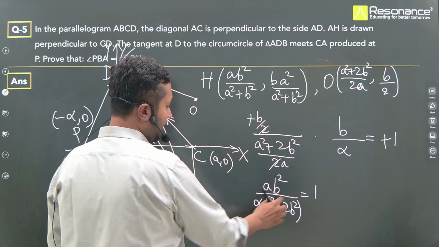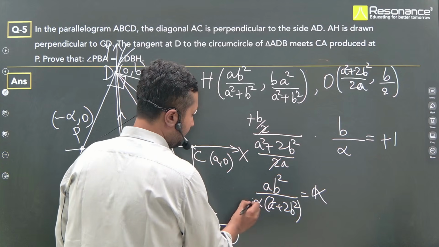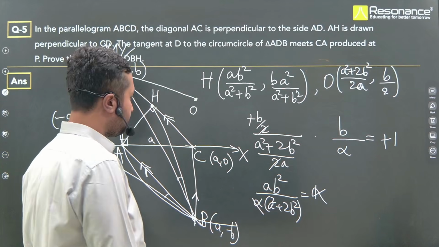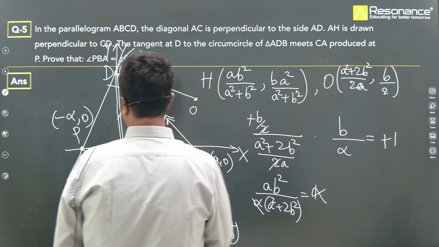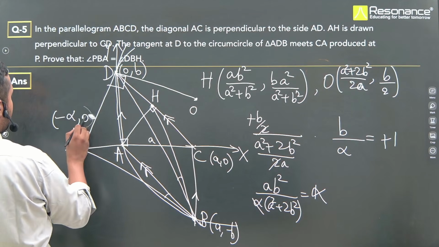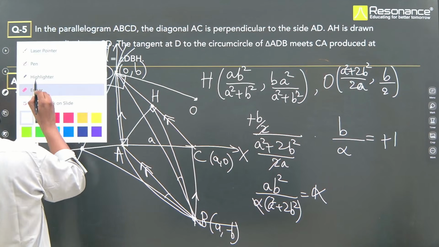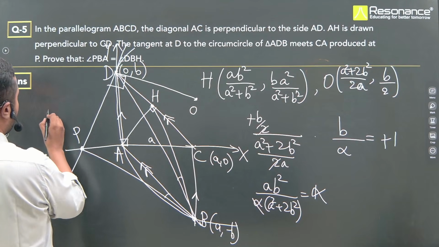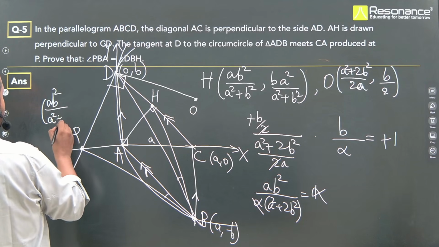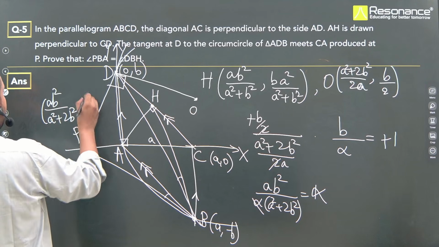So the value of alpha, I can just write it over here. I can remove that. And that's the value of alpha, right? Okay, so now that we have this point, I'll just write it over here instead of writing it all over the place. So what is that coordinate? It is AB square divided by A square plus 2B square.